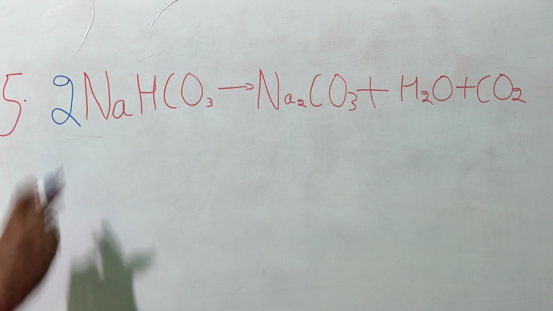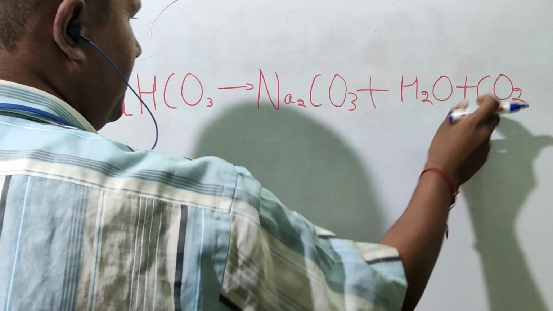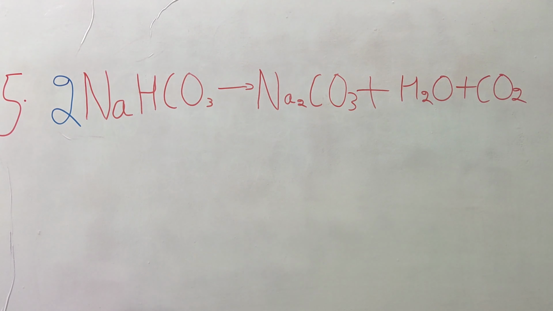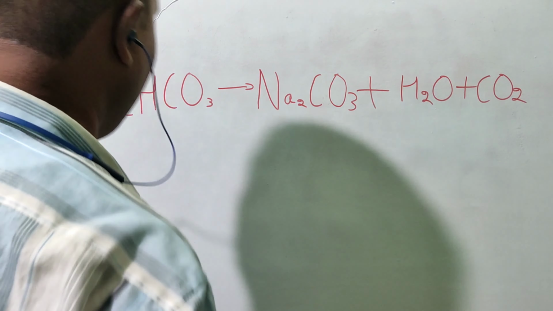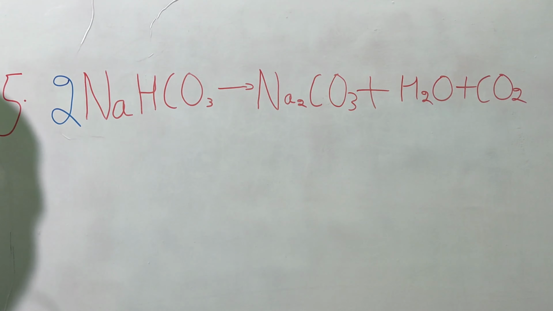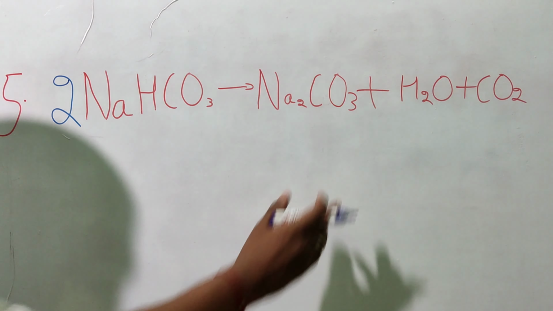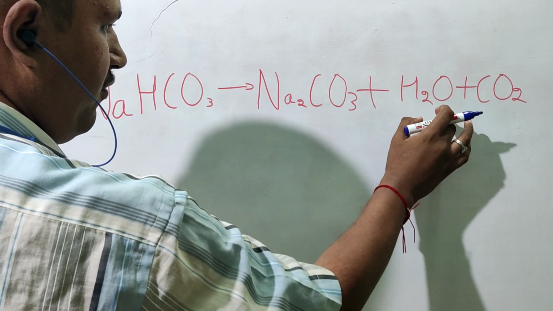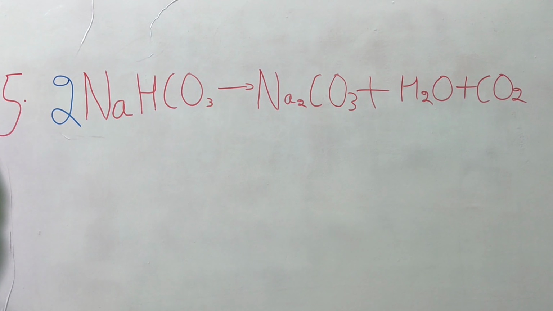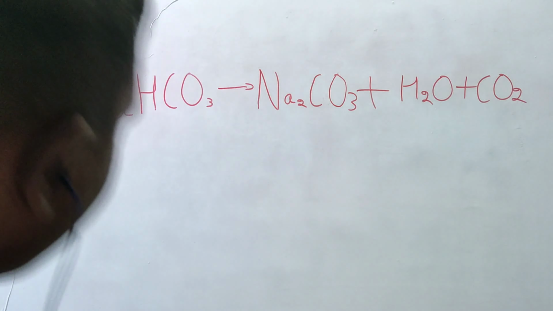Carbon is 2 in the reactant side, 1 plus 1, 2 in the product side. Now check the number of hydrogen atoms. Hydrogen atoms are 2 in the reactant side and 2 in the product side. Oxygen atoms are 2 3s are 6 in the reactant side, 3 plus 1, 4, plus 2, 6 on the product side. So this is the required balanced chemical equation.